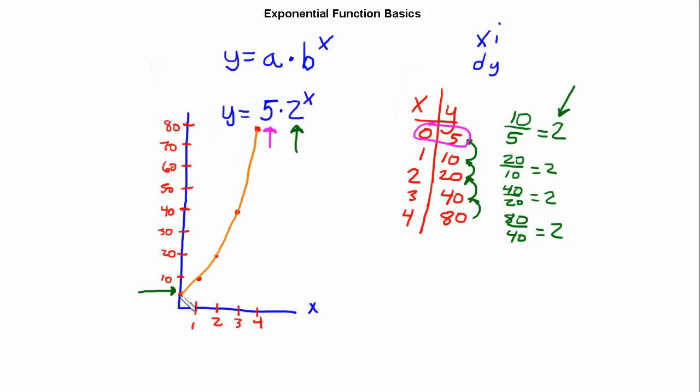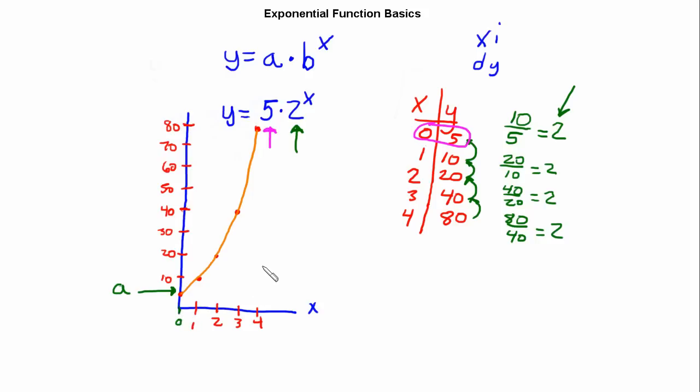So when x was 0, y was 5. This is where we can pick out our a value from the graph. Our a value will always be right where we cross the y-axis, because that is when x is equal to 0.